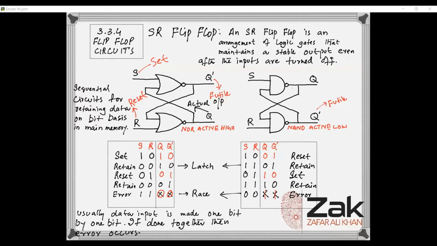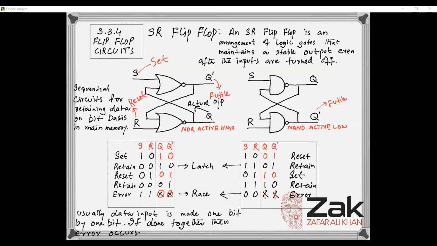All right. So feel the A2 complications. You need to remember these things. NOR based SR flip-flops are actually NOR active high, and NAND logic based SR flip-flops are NAND active low. All right, so now let's move on. These were SR flip-flop circuits. SR means set and reset.